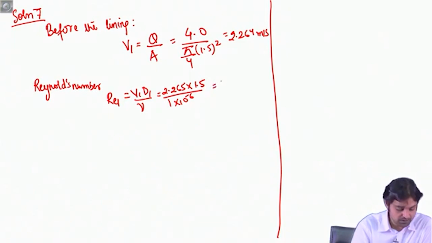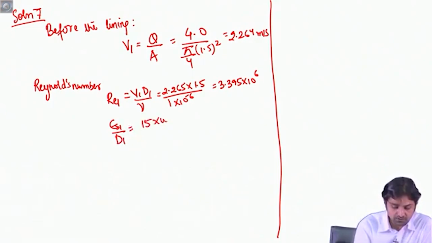So, Reynolds number comes out to be 3.395 into 10 to the power 6. Similarly, epsilon S1 by D1, the value we have already been given in the question, is 15 into 10 to the power minus 3 meter divided by 1.5. So, it comes to 10 to the power minus 2.